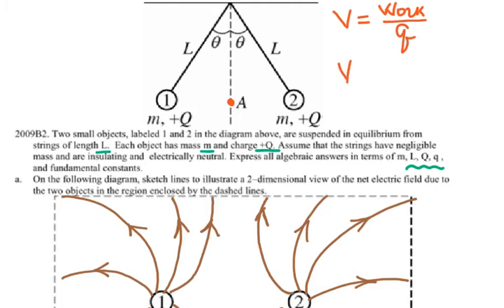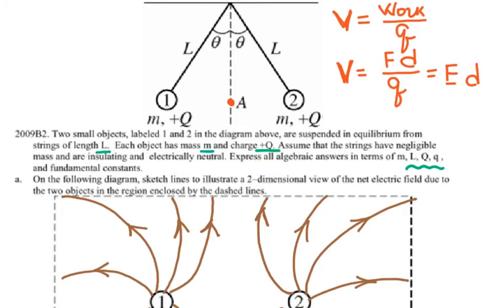Also, the work is equal to the force acting on the object times the distance, over the charge, and force over the charge is the electric field times the distance. So you could use any of these formulas to calculate the potential difference that is caused by the charge.